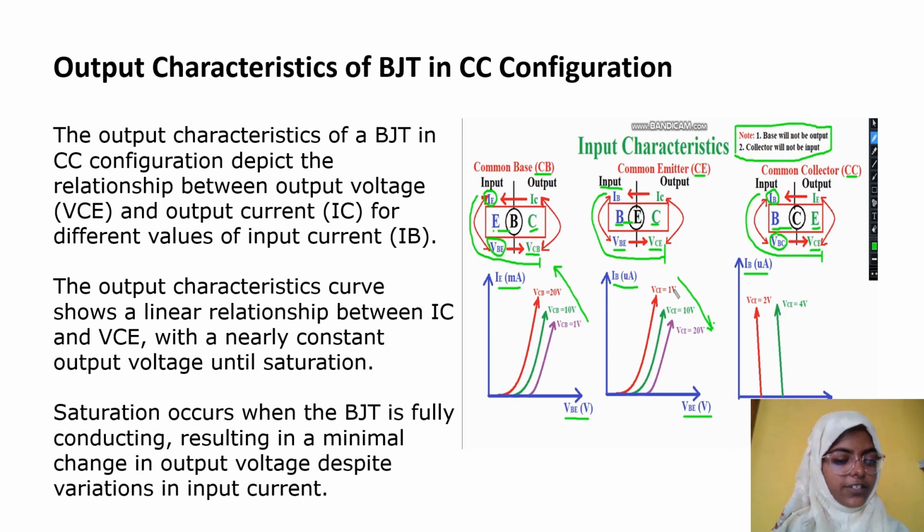The output characteristics curve shows a linear relationship between IC and VCE with a nearly constant output voltage until saturation. Saturation occurs when the BJT is fully conducting, resulting in a minimal change in output voltage despite variations in input current.